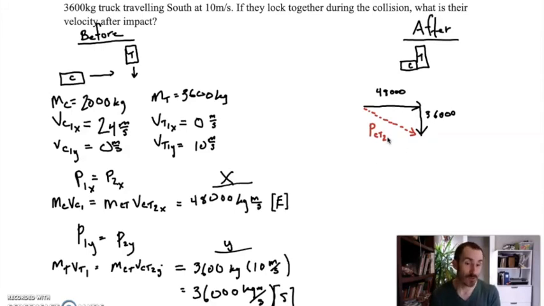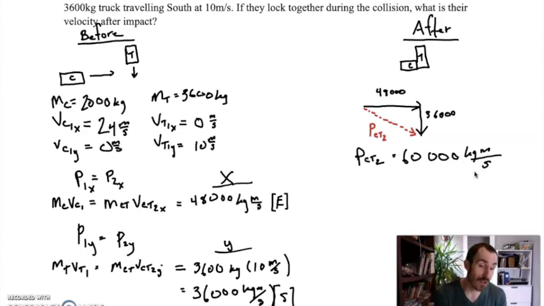A squared plus B squared equals C squared, so we get 60,000 kilogram meters per second. So PCT2 is 60,000 kilogram meters per second. That's the momentum of the car truck.